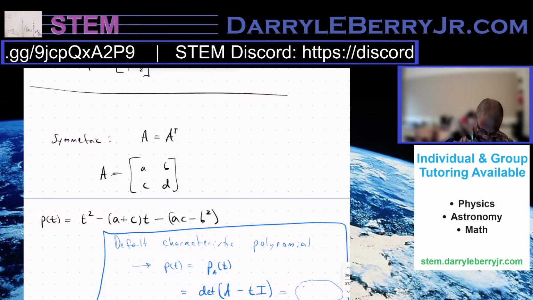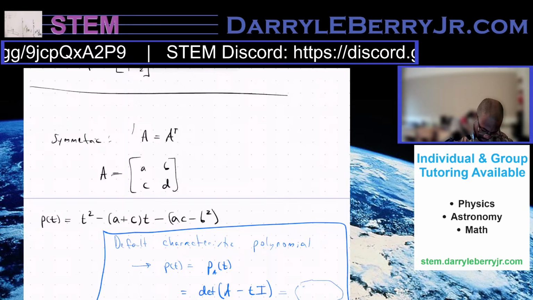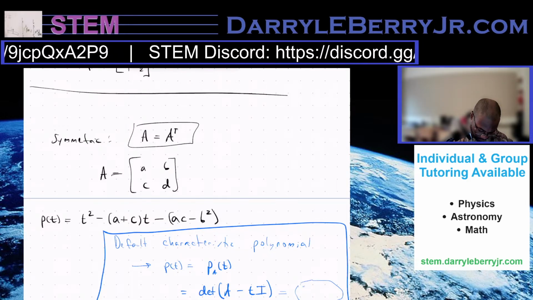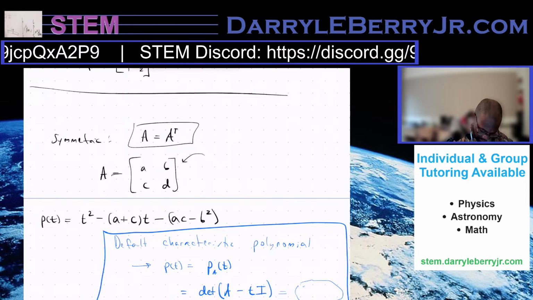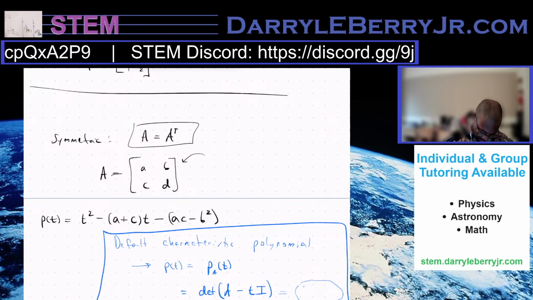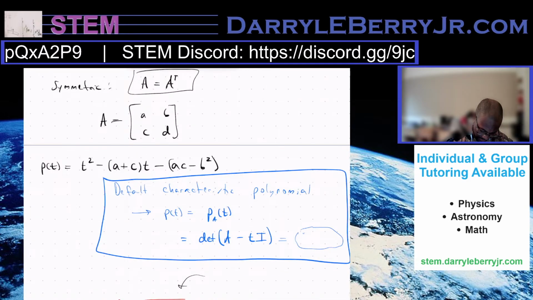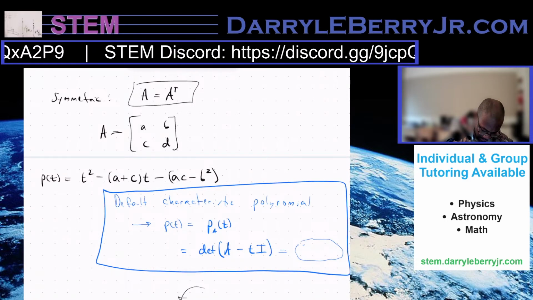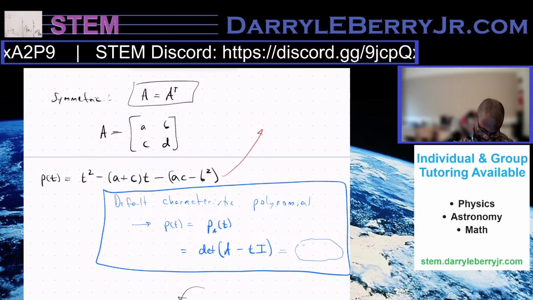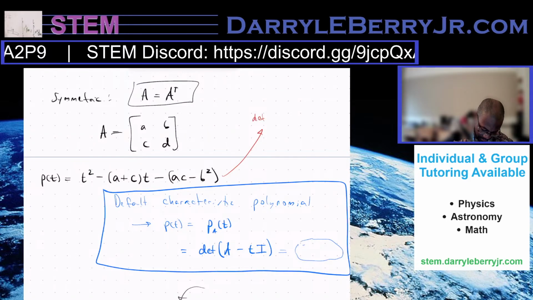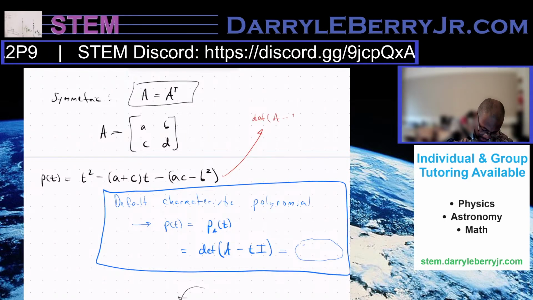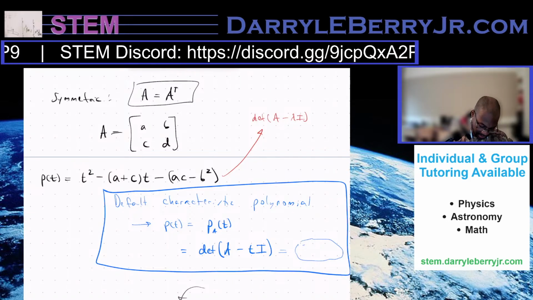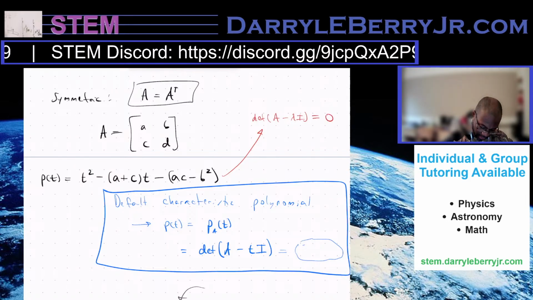This is a symmetric matrix, A^T equals A, and this is the characteristic polynomial of that equation, which is basically I take the determinant of A minus lambda I, and that gives me my characteristic equation.